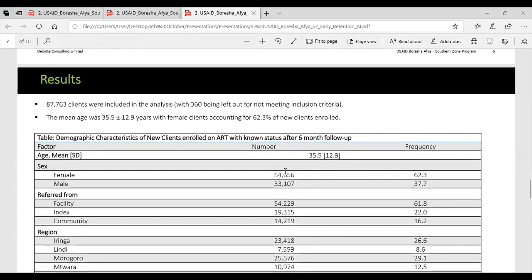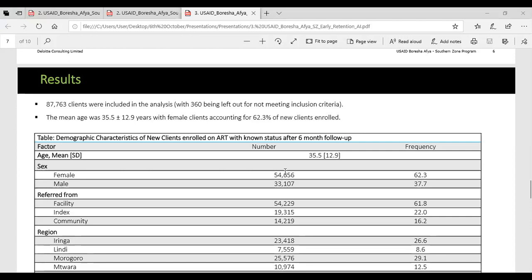In total, we had over 87,000 clients who were included in the analysis, and you can see that only 360 were left out because they didn't meet the inclusion criteria. Among the clients in this analysis, we had a mean age of 35 and a standard deviation of around 12 years.